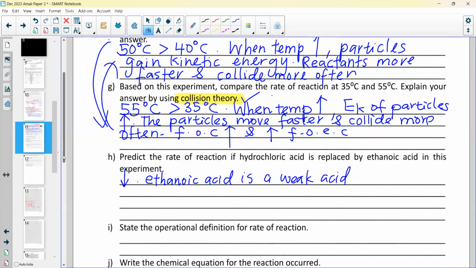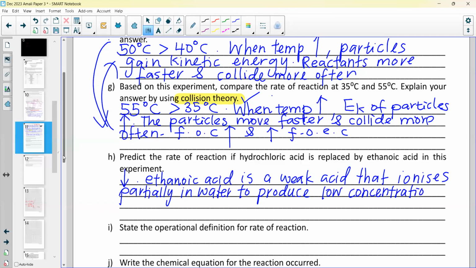It ionizes partially in water to produce a high or low? Low concentration of hydrogen ions.